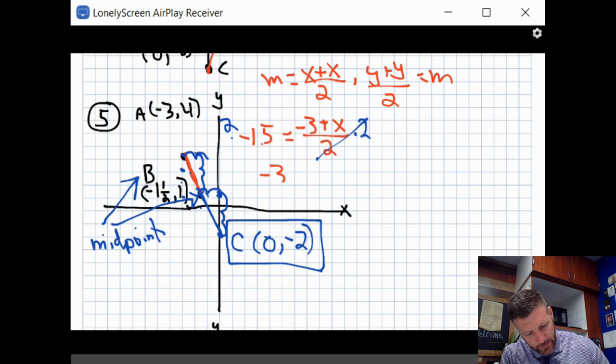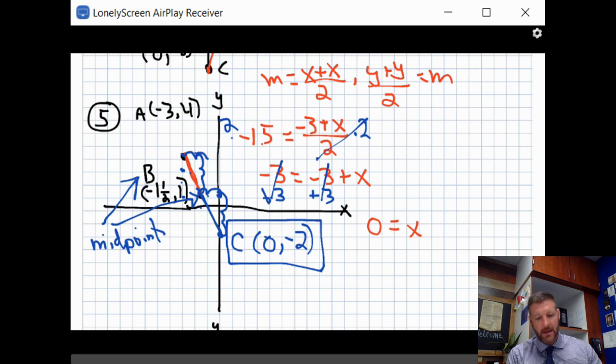So I get -3 equals -3 plus x. Then I'm going to get x by itself by adding 3 to both sides. That cancels out. In fact, that cancels out too. So I'm left with an answer of x equals 0. So my x coordinate is 0. Well, that's what we found. So boom, there's another way to get that answer.